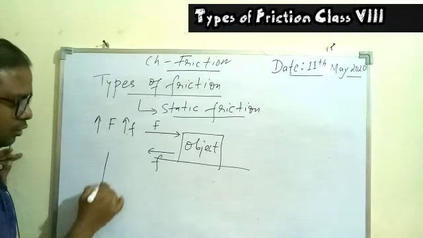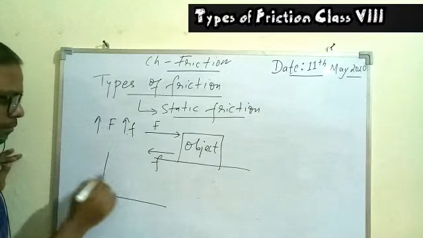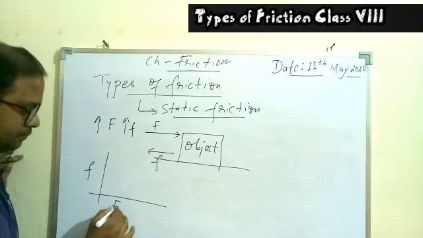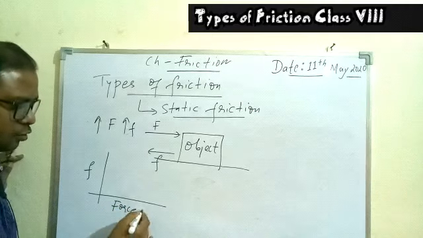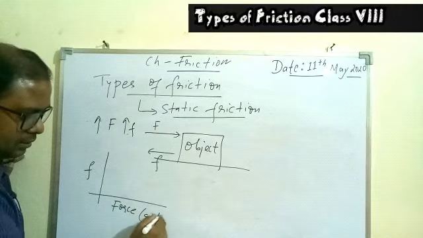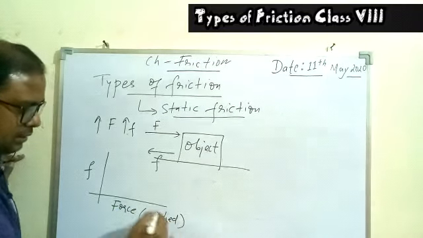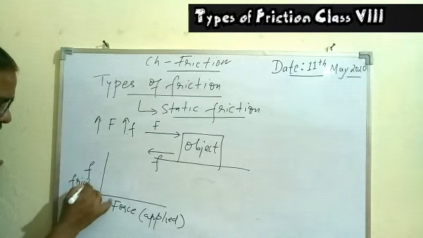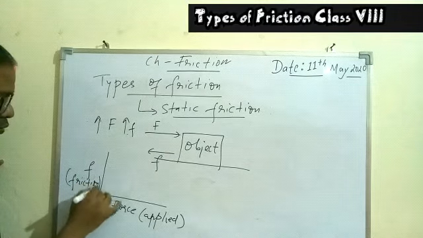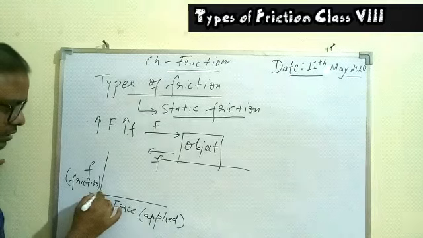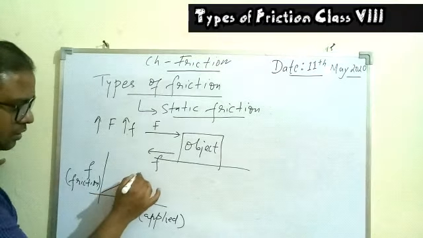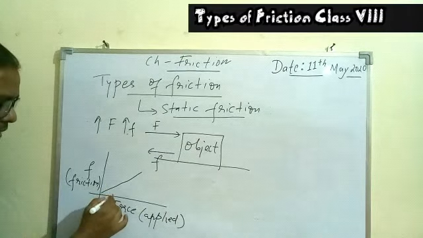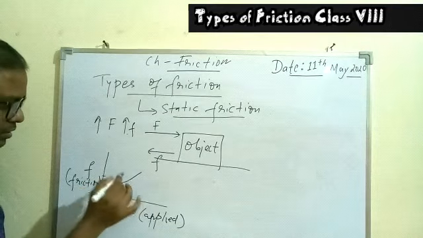So if you try to plot the graph between the applied force and friction, this is the force which I am applying, and this F is the friction. So what happens generally, when you start increasing the force, the friction also increases. So more is the applied force, we can say more is the friction.